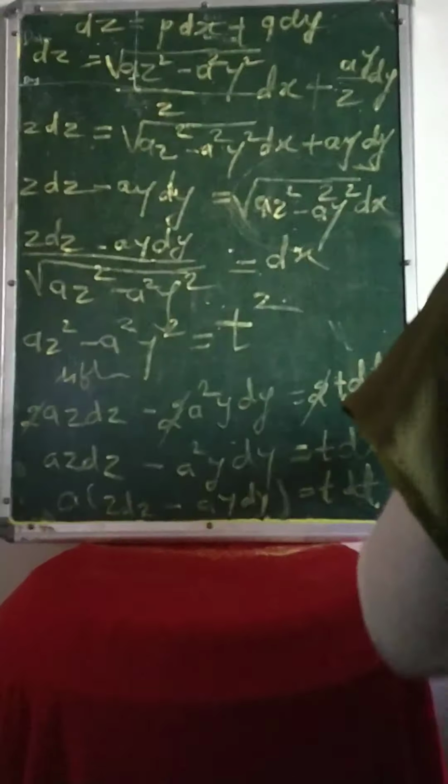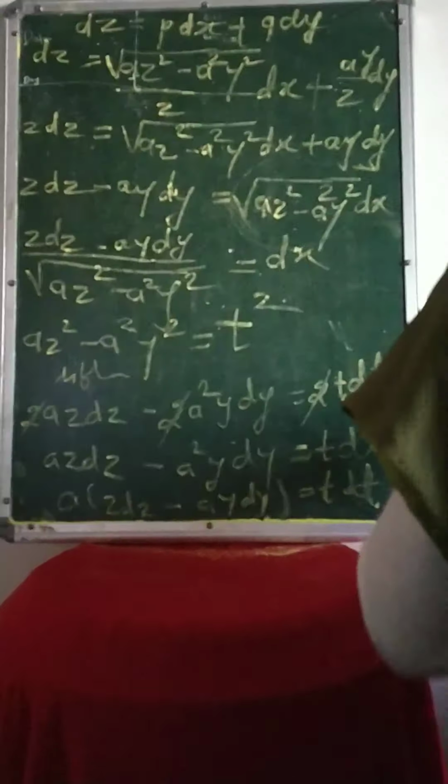Now again we re-put the value of t square. Earlier we took t square as az square minus a square y square, equal to the right hand side, a square into x plus b whole square.